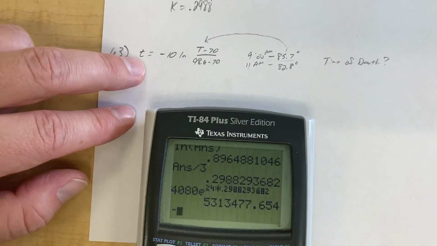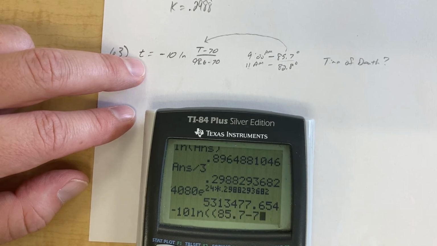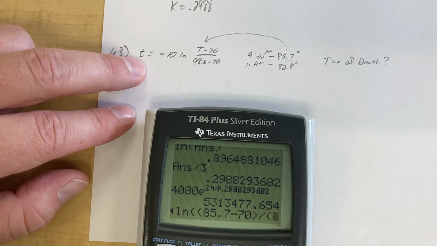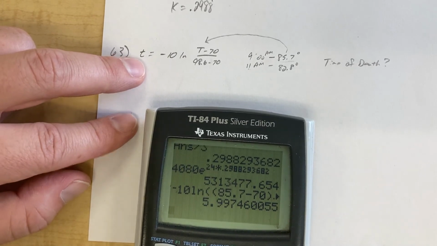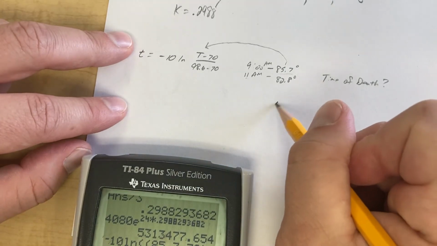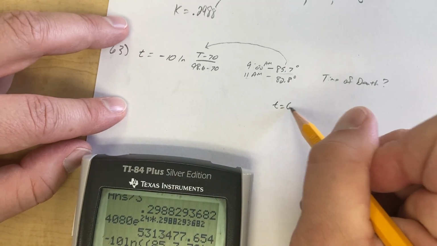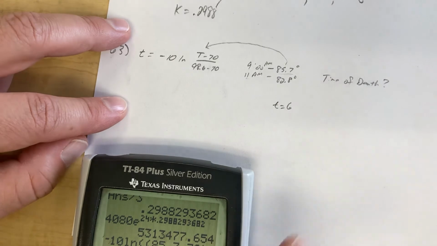So we're going to go -10 times the natural log, and then you have to be real careful here. We have parenthesis 85.7 minus 70, parenthesis, that's the top, divided by parenthesis 98.6 minus 70, parenthesis. Okay, hit enter, and we get 6 for an answer there. So I get t equals 6 for the 9 o'clock one.